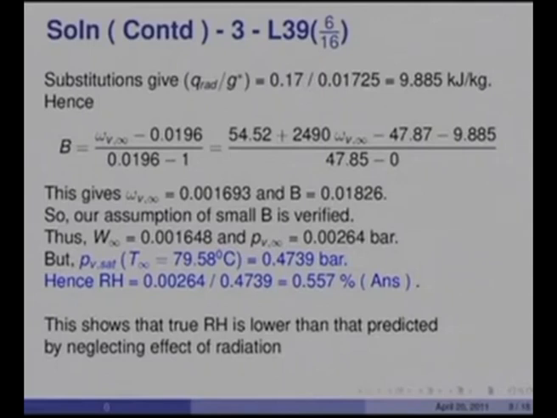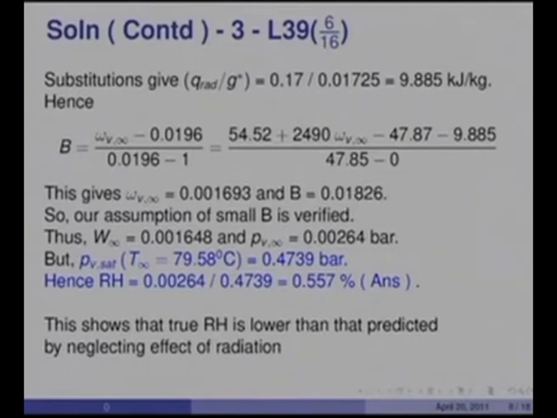There are very small fractions of moisture, and one wants to know what that small fraction is. And you can see, by allowing for effect of radiation, we have shown that there is in fact significant effect of radiation from 0.746% down to 0.557%, which would be predicted if radiation was accounted.